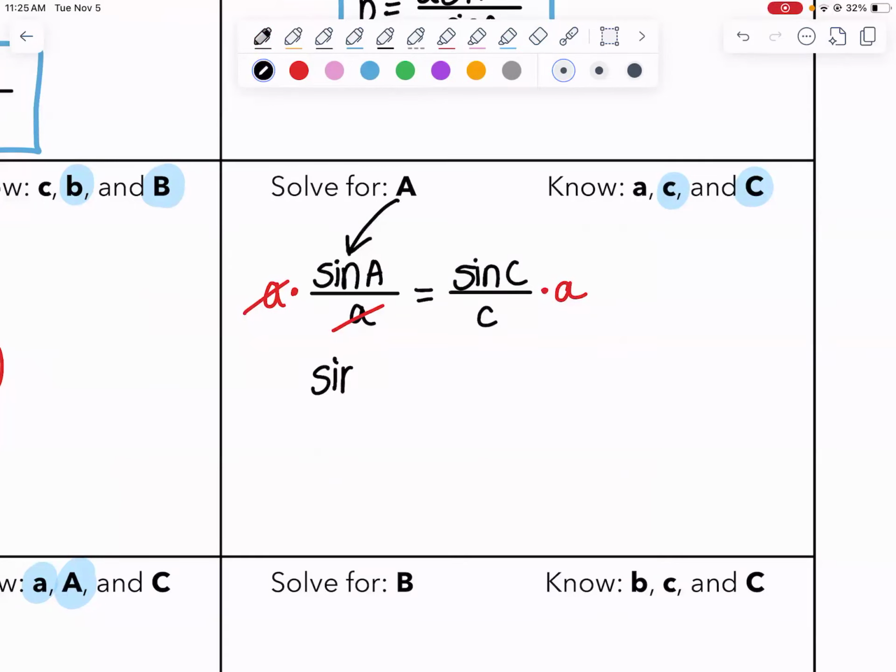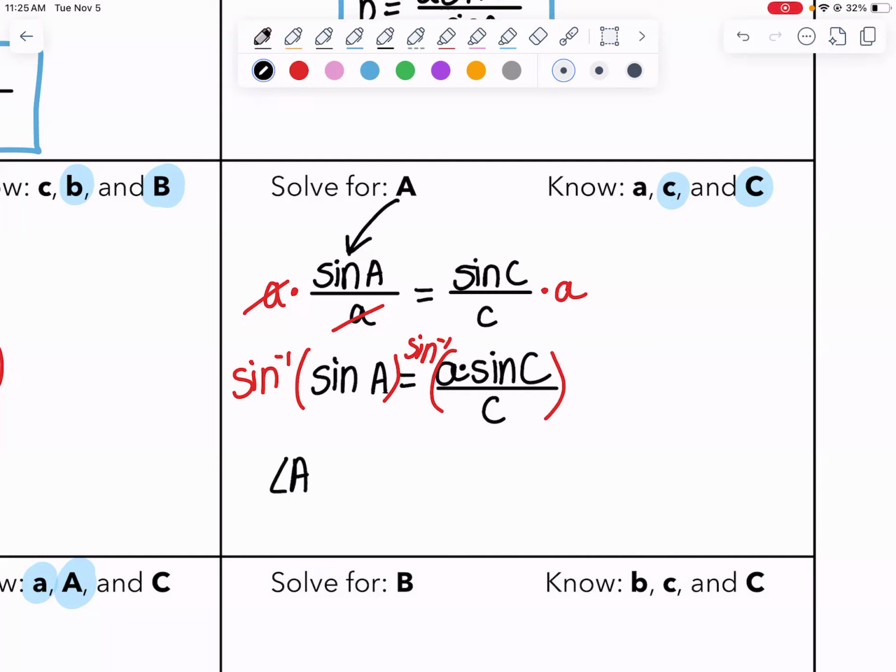We have sine of angle A is equal to, I'm going to put the A out front, A sine C divided by C. To get angle A by itself, we take sine inverse on both sides. We get that angle A is equal to sine inverse of A sine of angle C all over C.